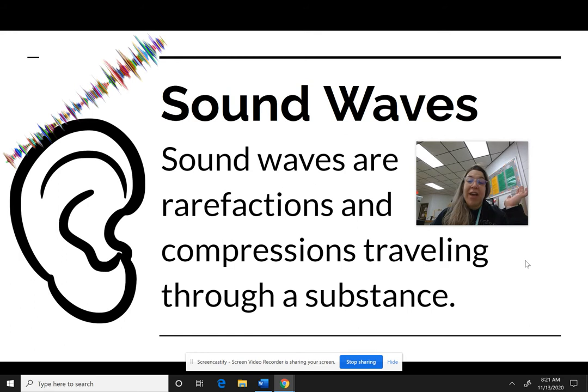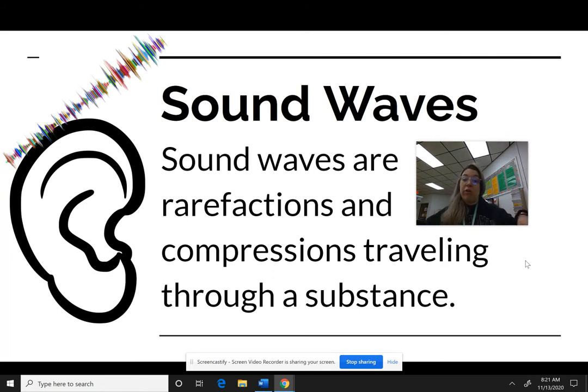We'll get more into sound waves later on, but just for a general definition, sound waves are rarefactions and compressions traveling through a substance. So sound waves, just like thermal conductors, have to move through things. And so you actually can't hear if there's no particles there. So it has to move through a solid, a liquid, or a gas. When it's solid, sound moves really well because those particles are really close together, so it's easy for them to bump into each other.